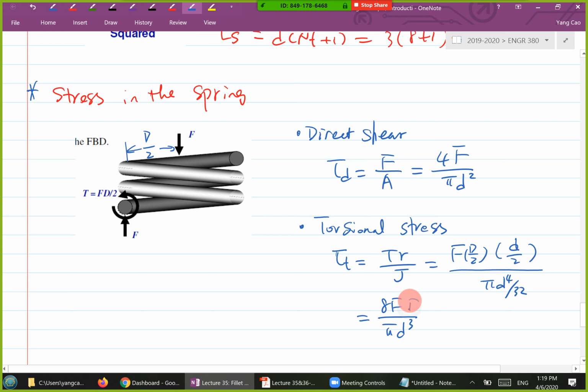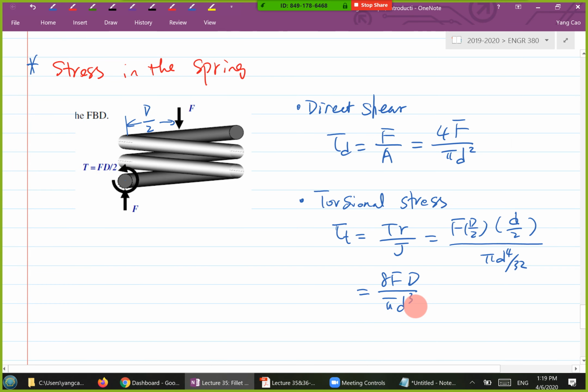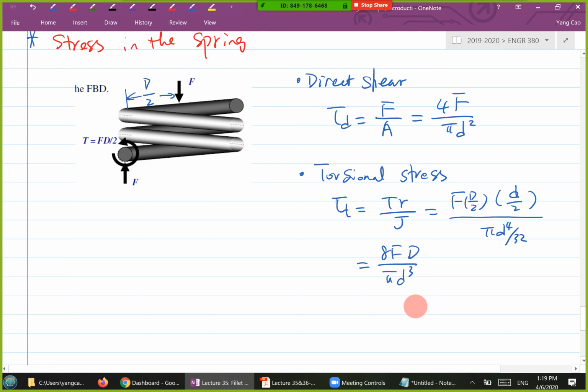Alright, so you get these two stresses here. Technically, when you have a cross section, you basically identify where the critical locations are. This is a free body diagram, but if you look at the cross section just adjacent to it, you have F going down and a torque.